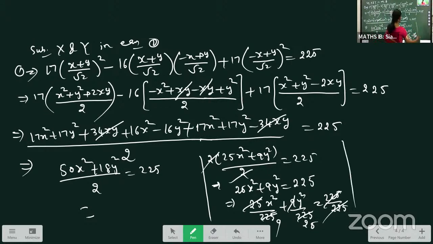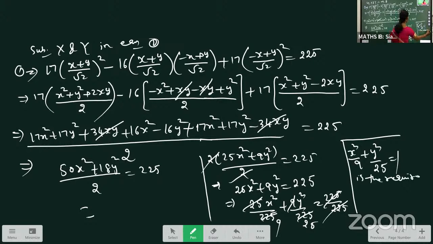Therefore, what is the final equation? X square by 9 plus y square by 25 is equal to 1, which is the required original equation.